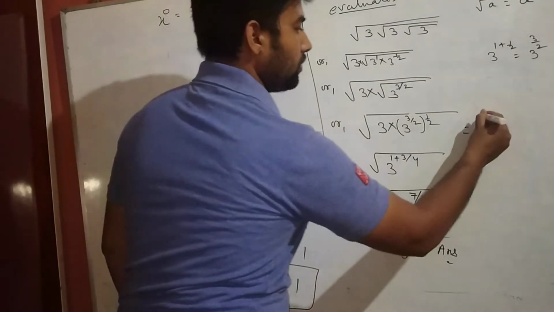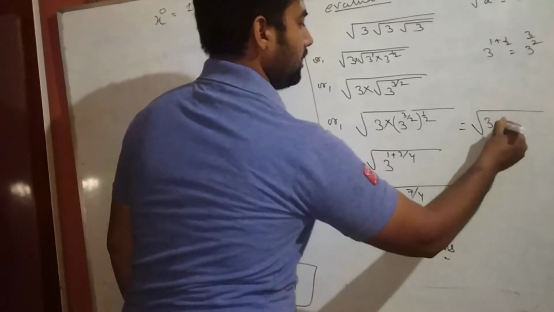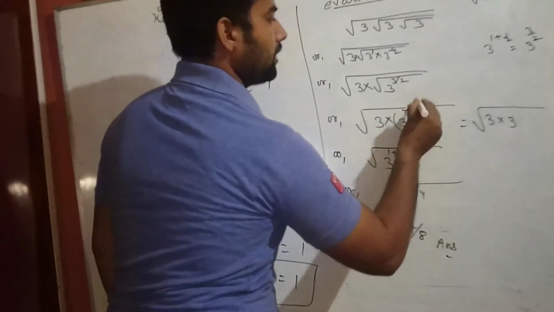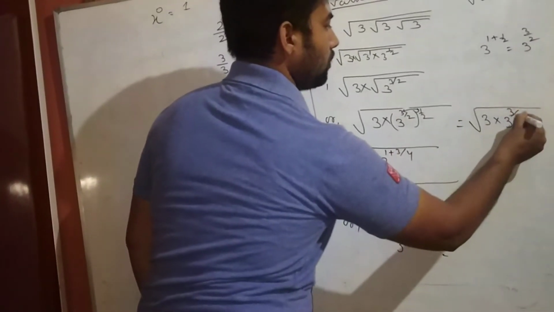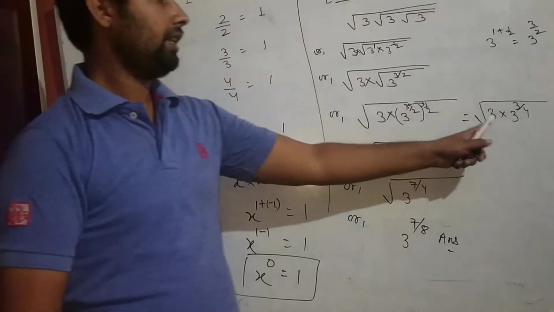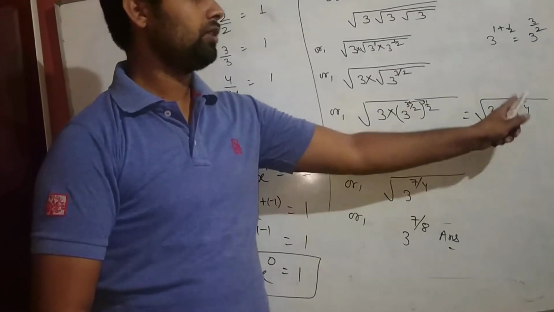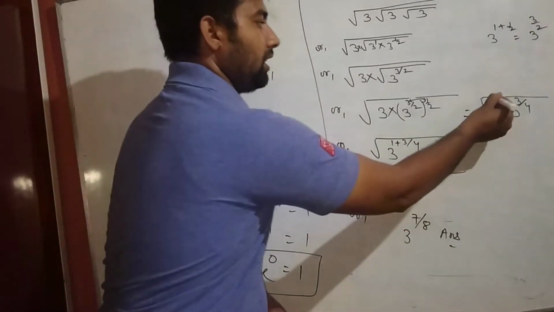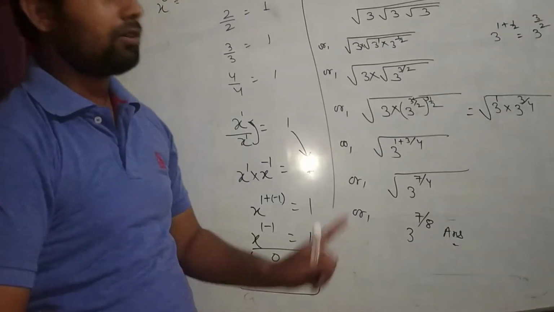Then we can write this as 3 into 3 to the power, both will be multiplied, 3 times 1 is 3 and 2 times 2 is 4. The power will be 3 by 4, so square root over 3 into 3 to the power 3 by 4. Now again the bases are the same, and nothing mentioned means this 3 has power 1.